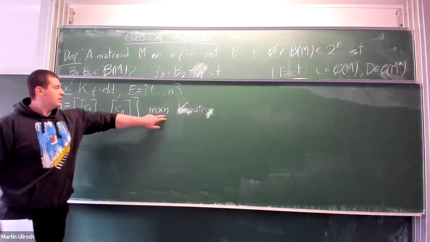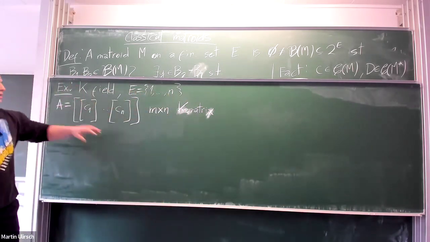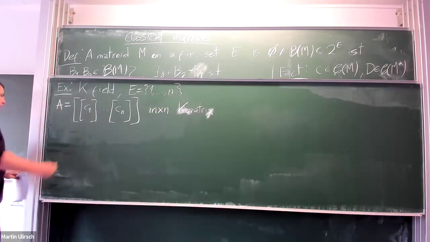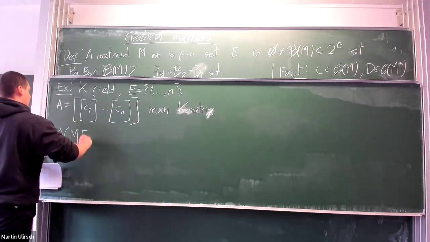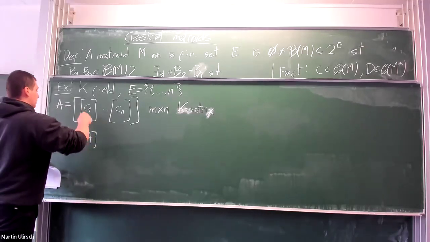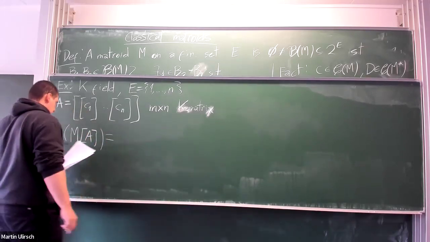So n is the same n as here, and r is anything. There exists a matroid associated to this matrix, given by this.